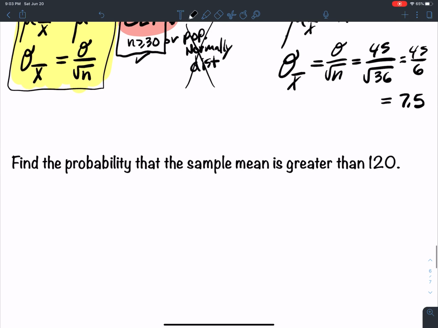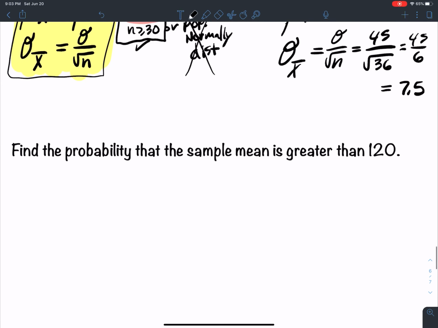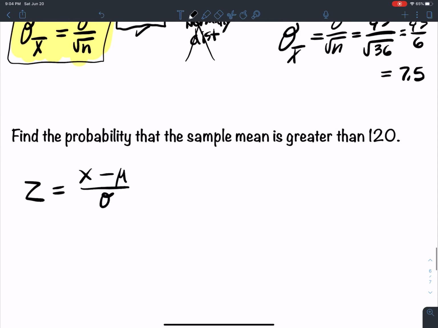So let's see if we can do this. How do we do the sample mean? If you thought about this, z equals x minus mu over sigma, right? But now, instead of x, we have x bar. What is the mean of the sampling distribution of sample means? That's mu sub x bar.